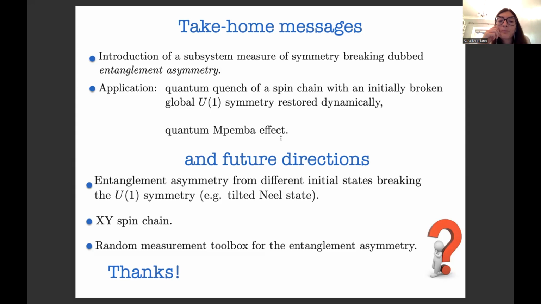Or one could study this entanglement asymmetry in the context of the XY spin chain, because when the parameter gamma is different from 0, we deviate from the XX spin chain that is U(1) symmetric, and so one can study the entanglement asymmetry as a function of gamma. Another possible future direction is to apply the random measurement toolbox to this entanglement asymmetry, as was recently done for other entanglement measures like purification, operator entanglement, symmetry resolution, and so on. And with this, it's all from my side.